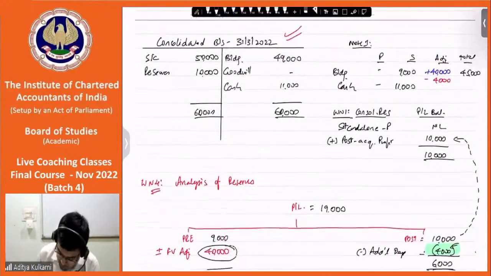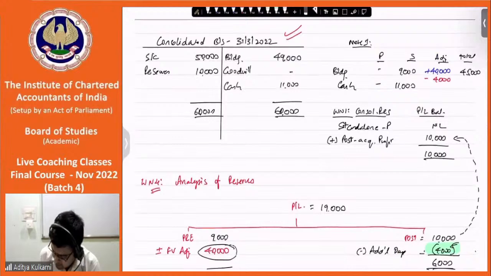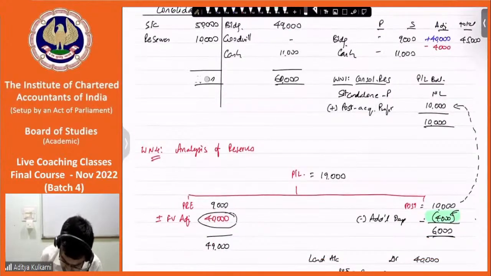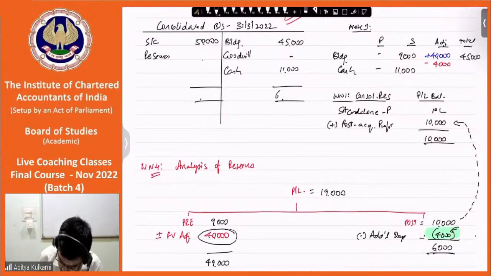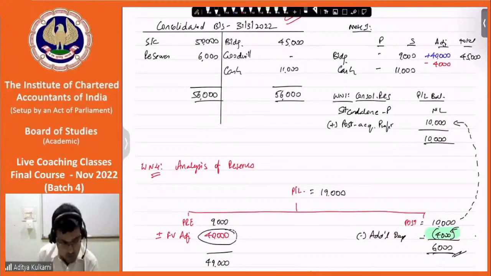What is your post P&L? Your post P&L is going to be 6,000. Post acquisition P&L is going to be 6,000. So this is 45,000. This becomes 56,000 total. Reserves will remain at 6,000. So this is 56,000.